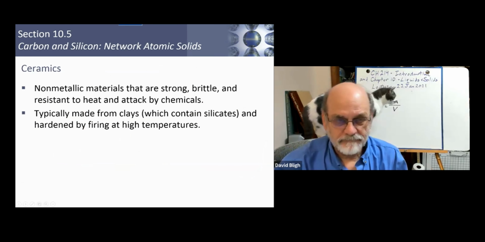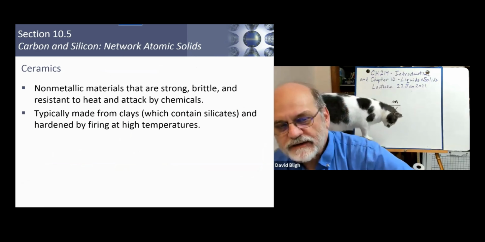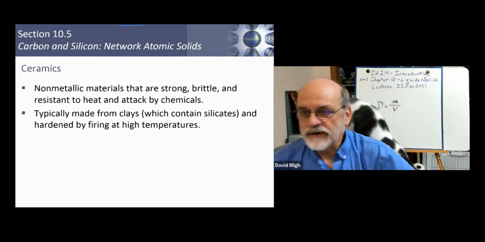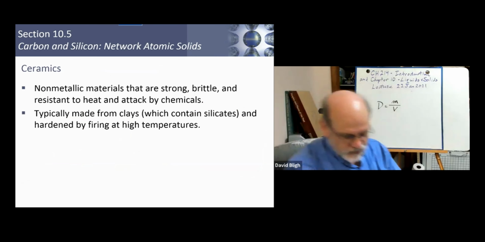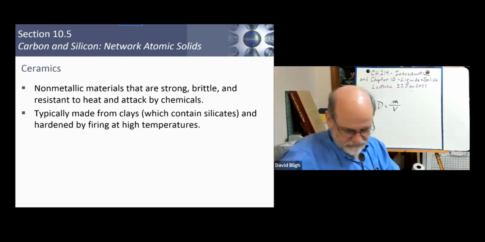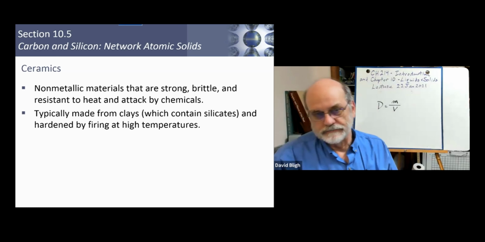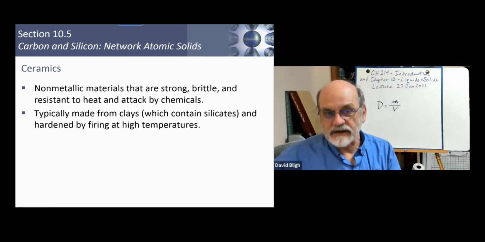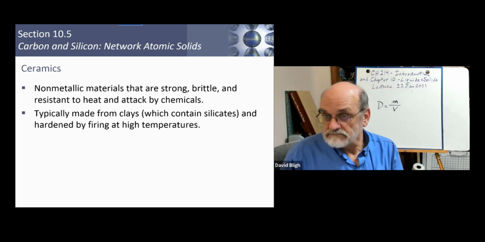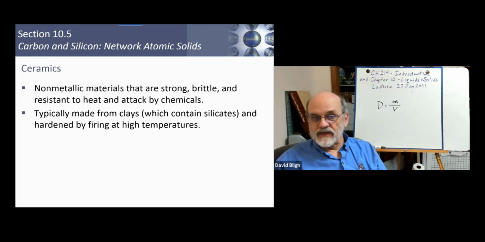Now, what's a ceramic? Ceramic is an operationally defined material. So you just characterize it, and you don't really define it in terms of molecular structure. Ceramics are typically non-metallic materials, which means they are very strong, but they're also brittle.